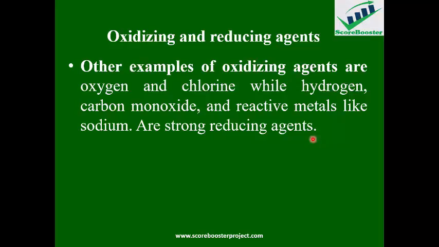While hydrogen, carbon monoxide, and some metals are reducing agents. Metals in elemental state are always reducing agents. Carbon monoxide is always a reducing agent because it gets oxidized to carbon dioxide. Hydrogen is always a reducing agent. It is either oxidized to water or oxidized to another compound with an electronegative element being added.